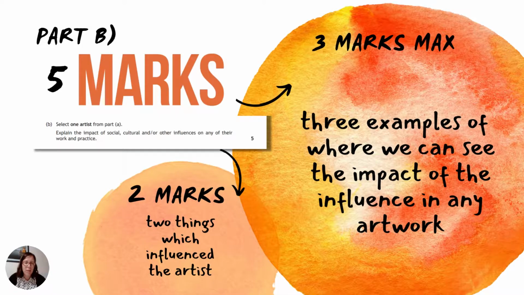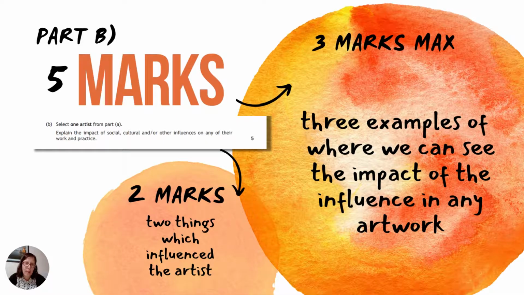What you're being asked to do is to think about the things in their life which have influenced them, maybe socially, culturally, or any other things in their life that have had an impact on their work. You are being asked to think about how those events or things that have happened directly impacted the work that artist has created.